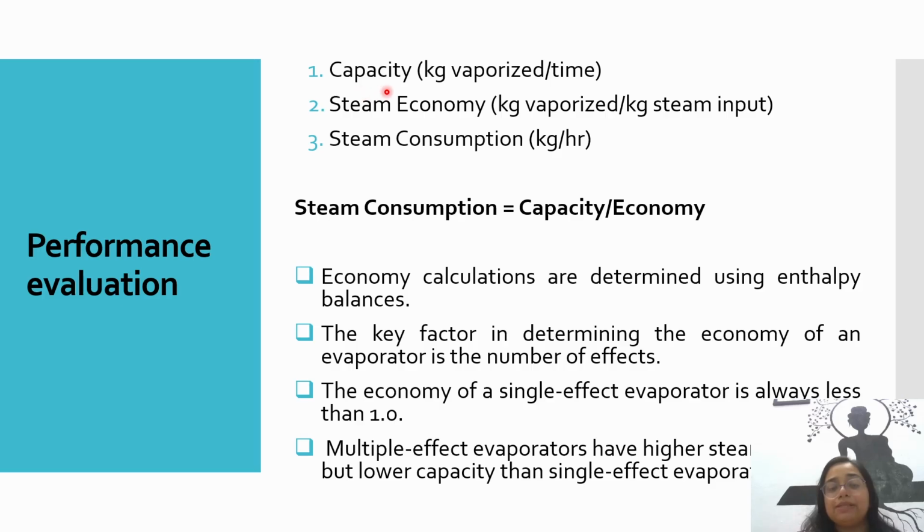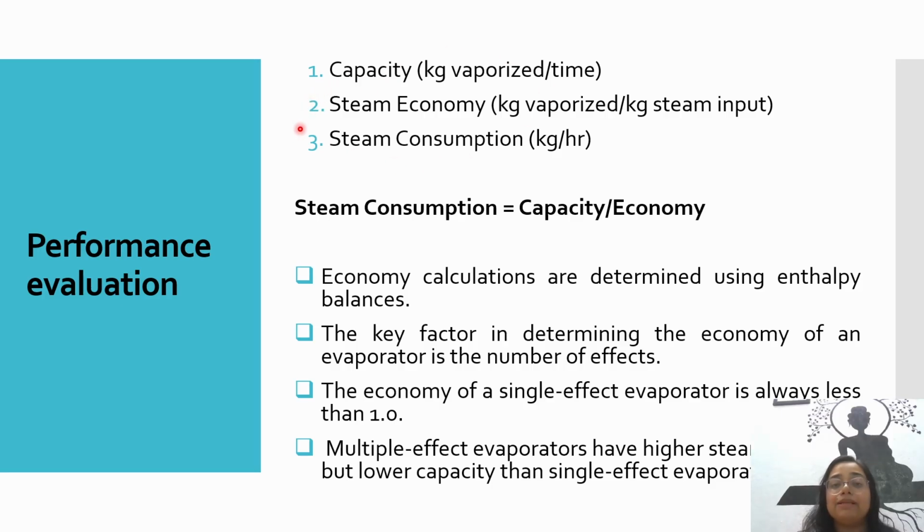So regarding the capacity, what is capacity? Capacity is how many kg of water is being vaporized per unit time. That means kg of water vaporized per unit time, or in other terms, the kg of water vapor produced per unit time. So I think the capacity is clear to everyone.